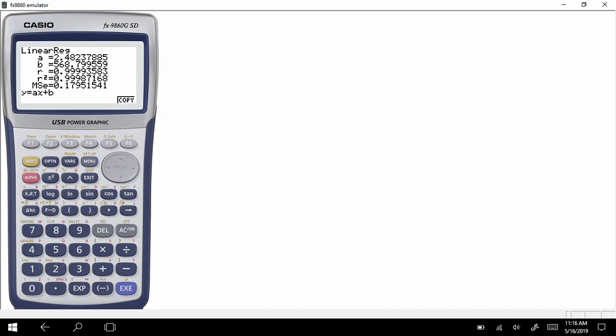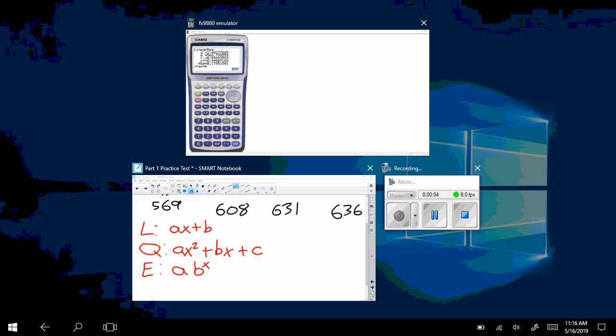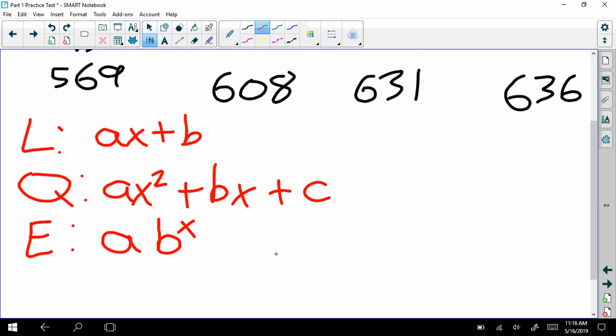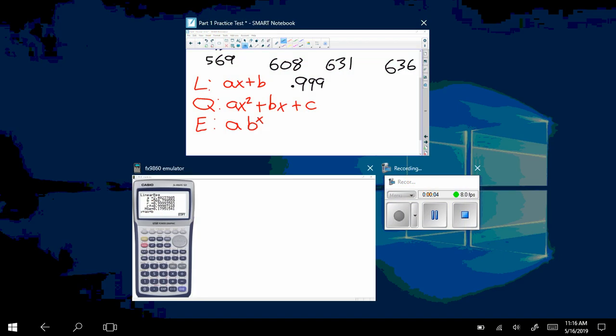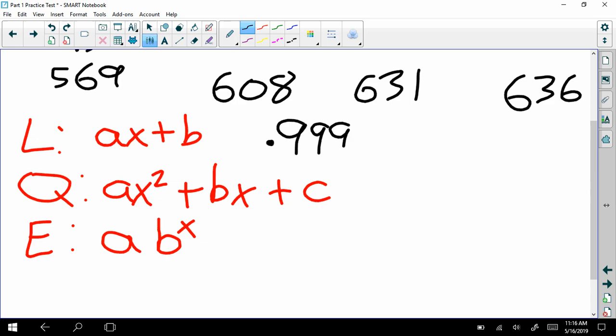So write down, with that linear, write down that R squared value, which is 0.99987168.